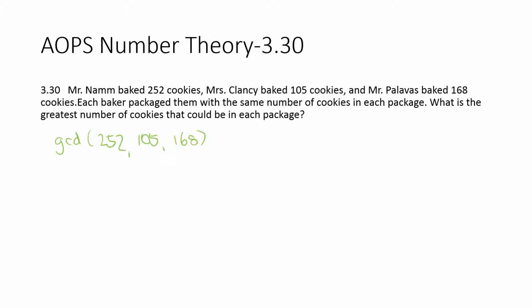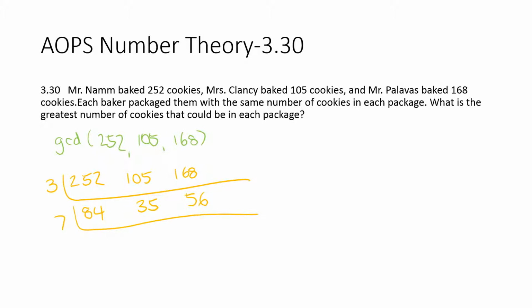So if you do prime factorization, first you can divide by 3, and this would be 84, 35, and 56. And then you can divide by 7, so it would be 12, 5, and 8.